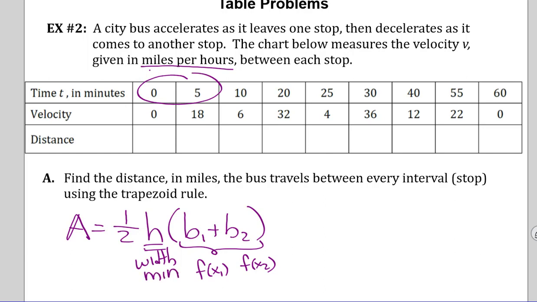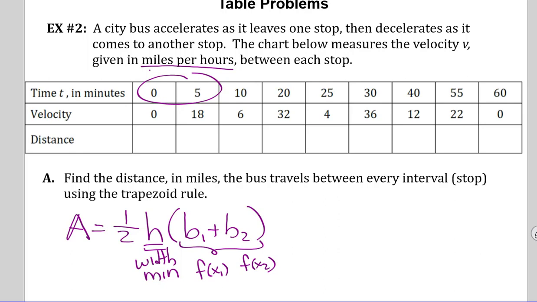I can easily convert that to hours just by dividing the minutes by 60, right? So if I've got 5 minutes, that's 5/60ths of an hour. Okay, so that's why you'll see me take each of these differences for my times and divide it by 60.